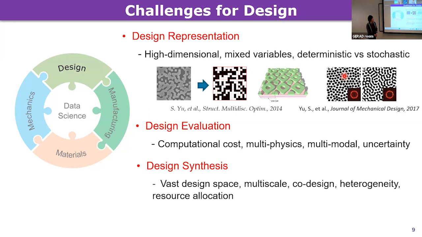There are so many different options, multiple scales. Co-design means we're not only designing material, architecture, or choice, but in some cases we need to design the manufacturing process, because they have an impact on the structure at each location.